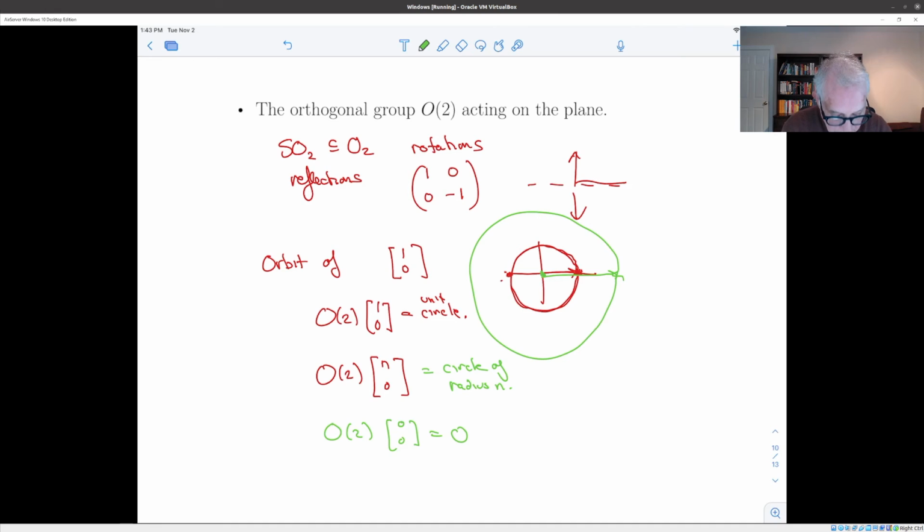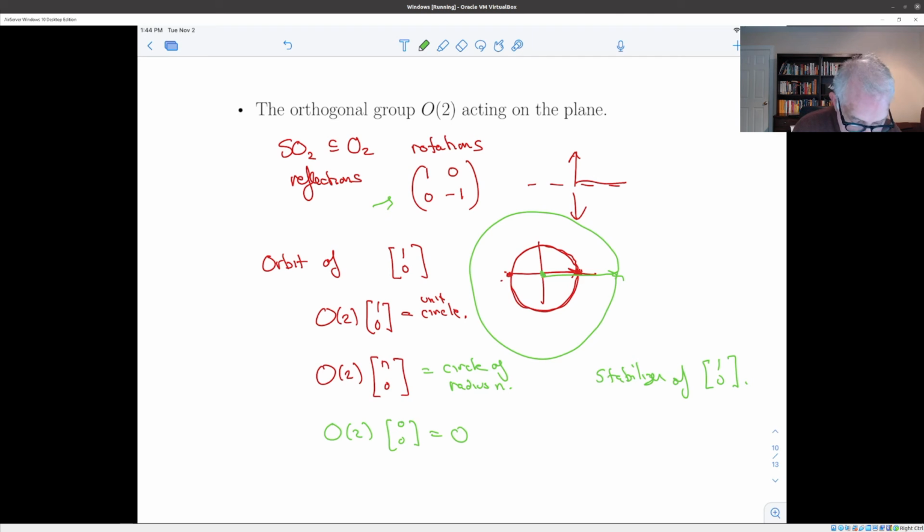What's the stabilizer of (1, 0)? Well, there can't be a rotation involved, because if there was a non-trivial rotation, it wouldn't be (1, 0) anymore. But there is one reflection that preserves it. Namely, you can use this matrix.